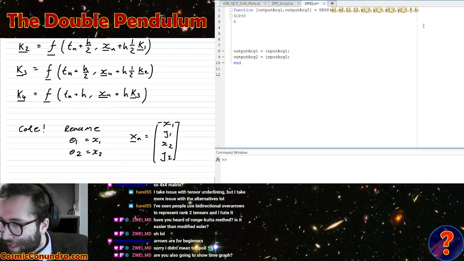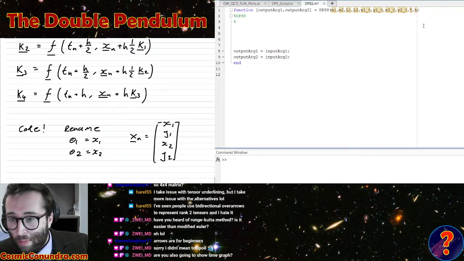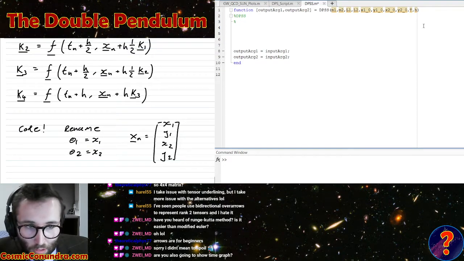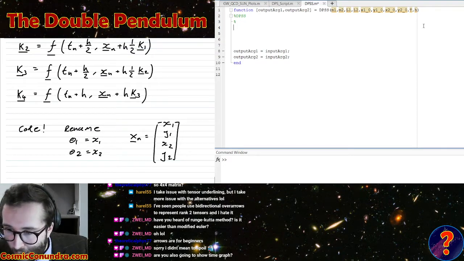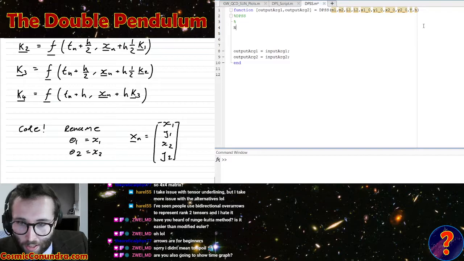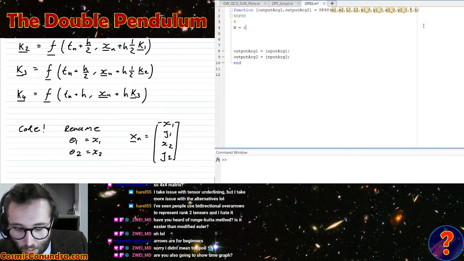Okay. So now we need to start applying the algorithm. Well, if we've got a total time capital T, and each time step has small step length h between them, then the total number of grid points we're going to need, I'm going to define as the ceiling function of T over h.